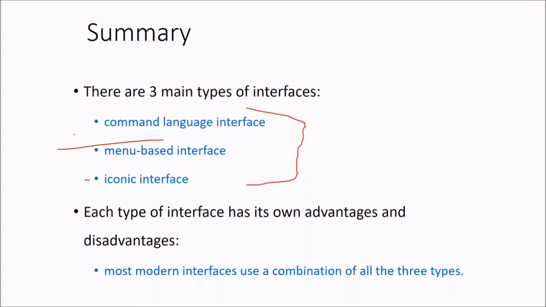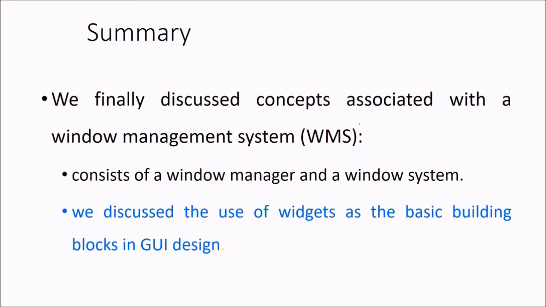Each type of interface has some advantages and disadvantages, but the most modern interfaces try to combine these three as and when required. And finally, we discussed concepts associated with the window management system, which consists of two parts, the window manager and the window system. We also discussed the use of widgets as the basic building block of GUI design.